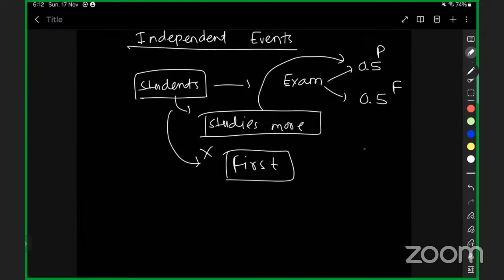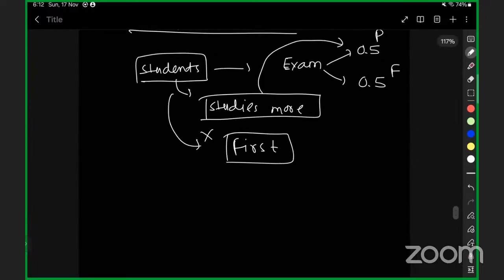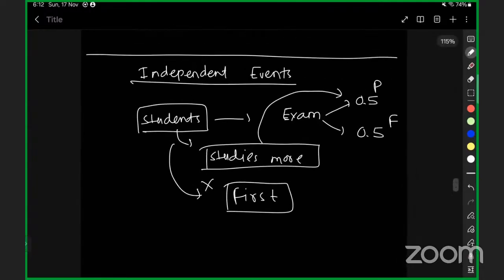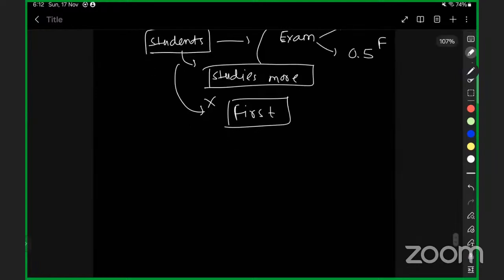Reaching the center first and passing the exam have nothing in common. If something affects what is going to happen next, we call them not independent. So this first is the independent event, and we'll see it in a little bit more detail. First, let's start with conditional probability, joint probability, and marginal probability.